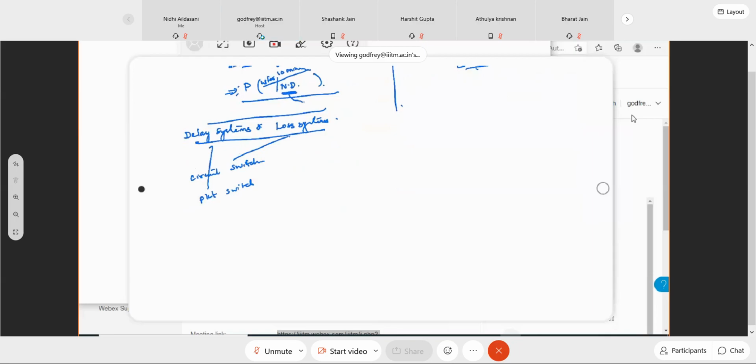So, okay, when you say TCP, is it a connection-oriented protocol or a connectionless protocol? A connection-oriented protocol. What about UDP?